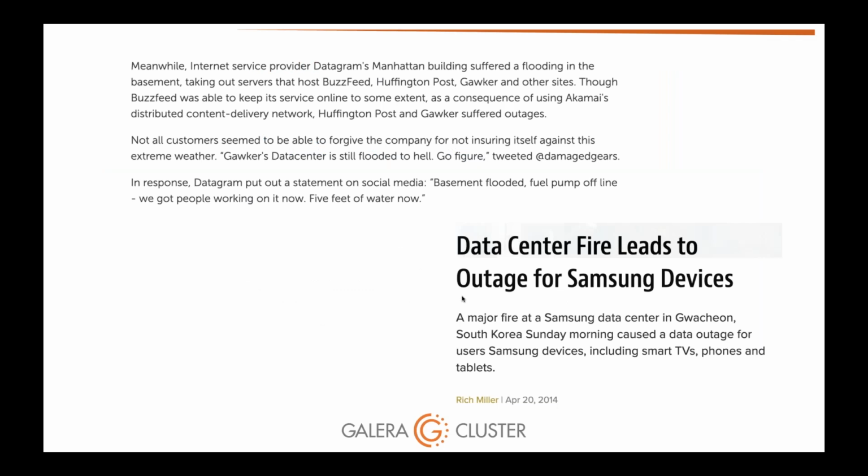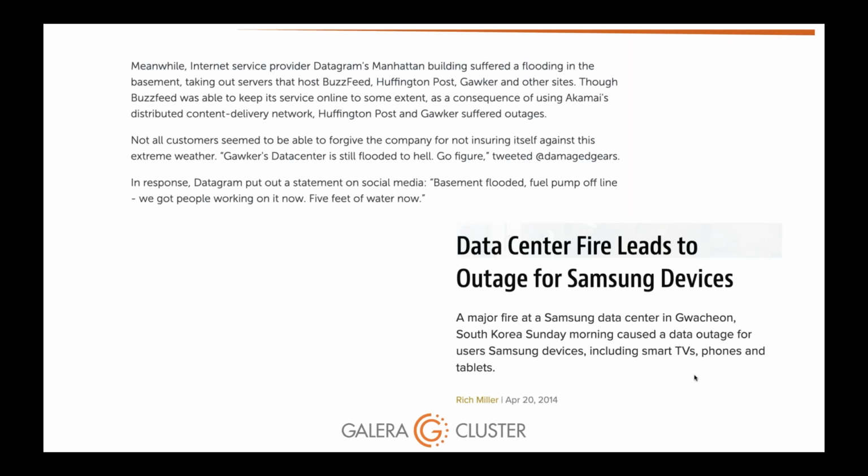I can also give you other examples. For example, data centers burn down. I once went to South Korea around April of 2014, and I could not use my American Express charge card anywhere. The reason was that the people that process American Express in Korea is Samsung, and it turns out that their data center caught fire, and it affected American Express for 1 week in South Korea. But it also affected their smart TVs.